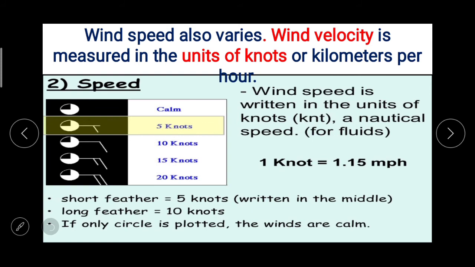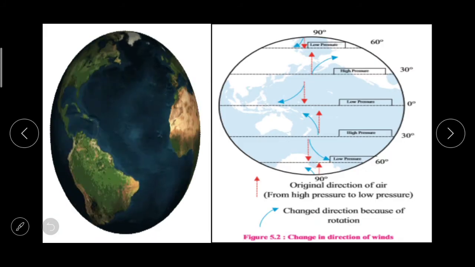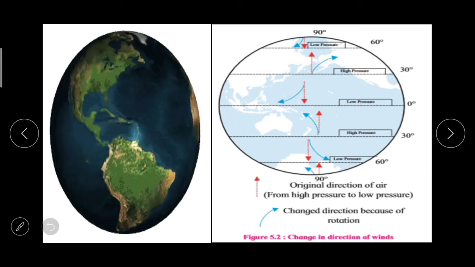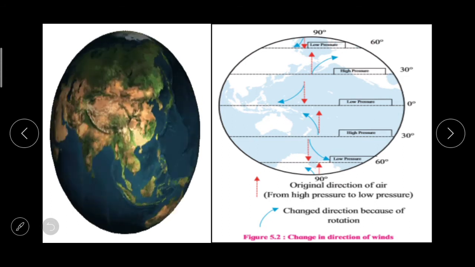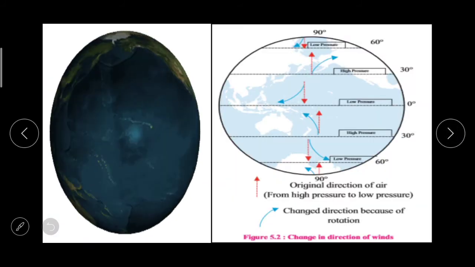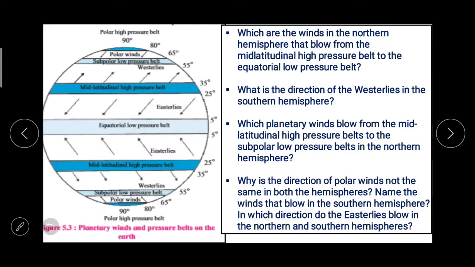Wind speed also varies, and wind velocity is measured in the units of knots or kilometers per hour. Then change in direction of winds, planetary winds and pressure belts on the earth.